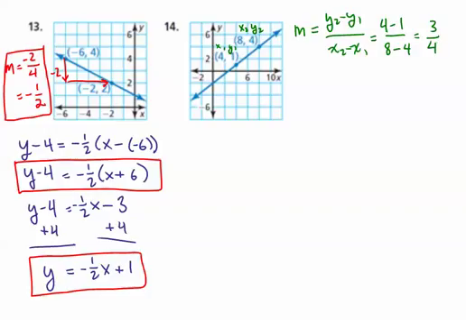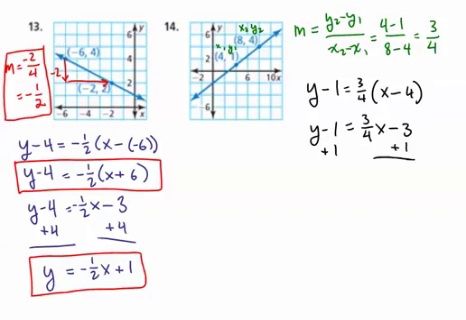Now we're going to take the slope and one of the points. We'll use the leftmost point: y minus the first y value, which is 1, is equal to 3/4 times x minus the first x value, which is 4, and so that is our point-slope form. Following this, we're going to distribute 3/4 x. 3/4 times negative 4 is negative 3, is equal to y minus 1.